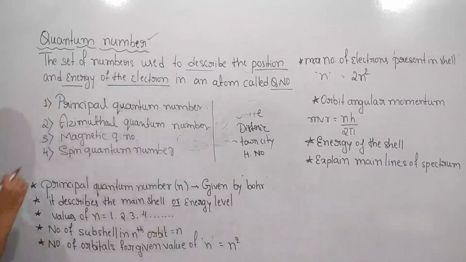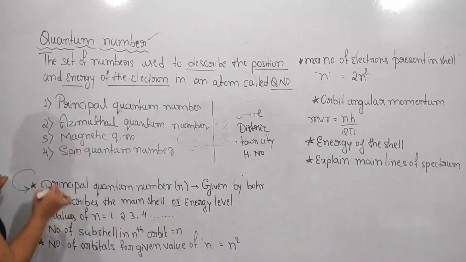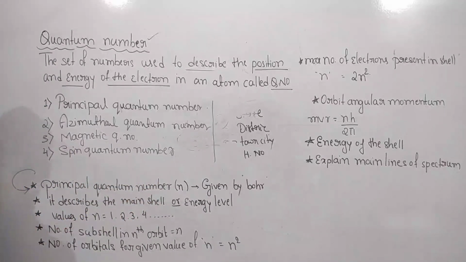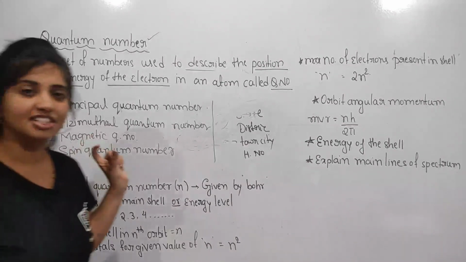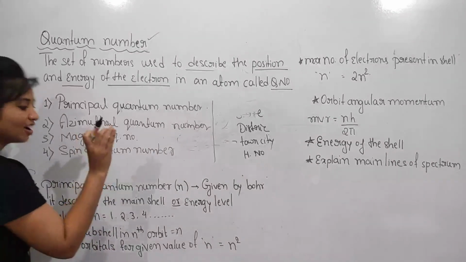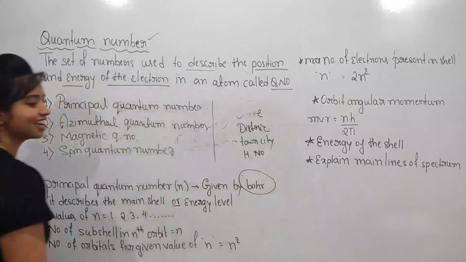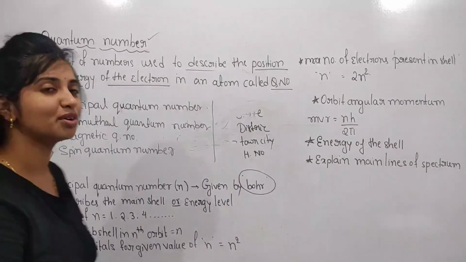So, next we are going to study the principal quantum number, the first quantum number. This principal quantum number is denoted by small n, and this quantum number n is given by Bohr. In our previous class, I already discussed with you Bohr's atomic model.